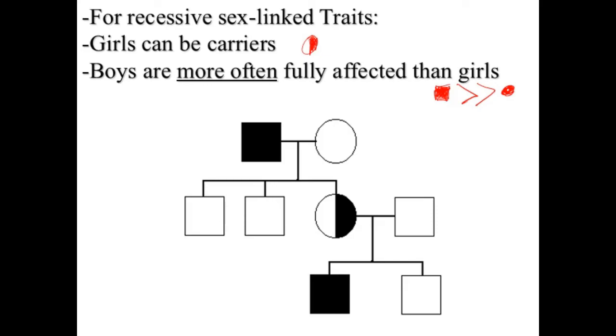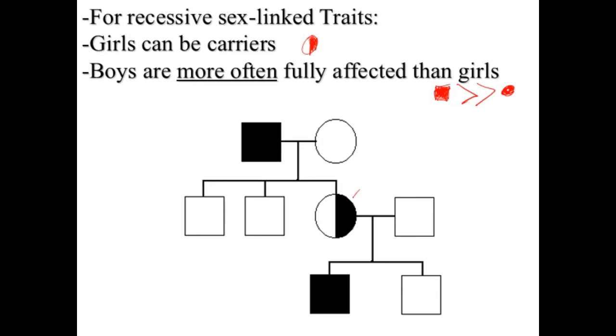Looking at this pedigree diagram, what would you say? Is this a recessive sex-linked trait or is it an autosomal trait? Remember, autosomes are just the regular chromosomes. That's how you pass regular traits on. So just by looking, you should be able to tell if it's sex-linked or autosomal.